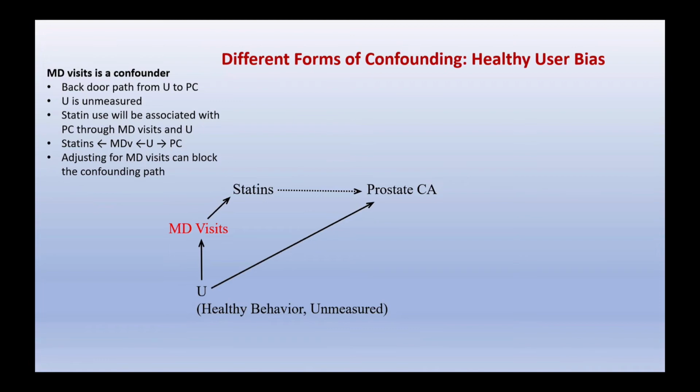So if we block or adjust for MD visits, in a way we are closing this confounding path through MD visits, even if we don't have data on our unmeasured variables. So again, the causal diagram can help us identify areas that we can adjust for to close the confounding path, even though we may not have data for that specific confounding variable.